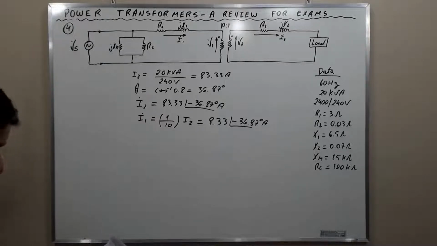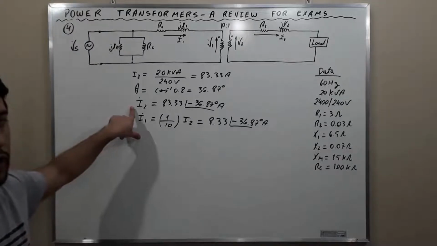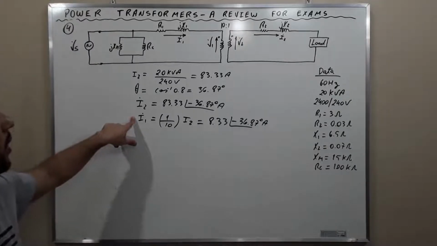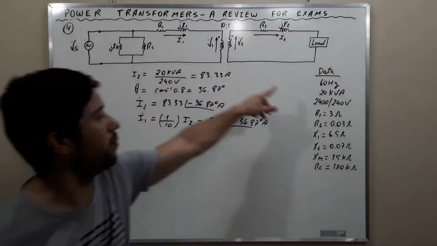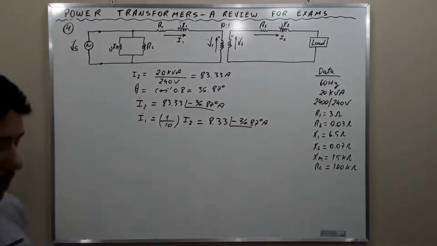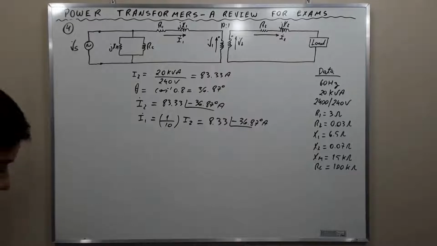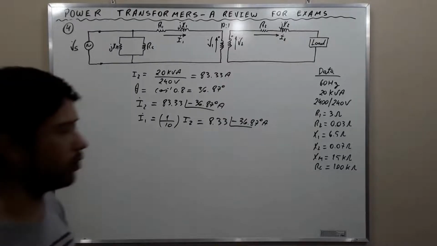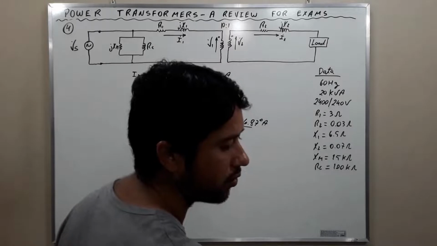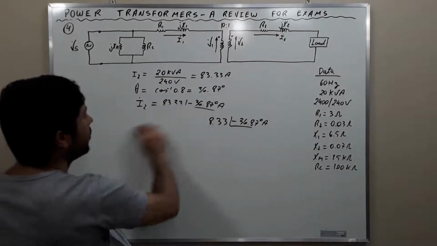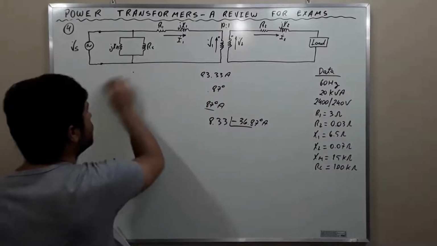Subsequently, we calculate the voltages, okay, with the values of the currents I2 and I1, and these parameters that were given by the exercise. We can calculate the voltages. I'm going to erase here because I'm going to need more space.